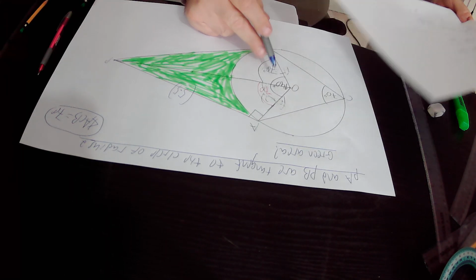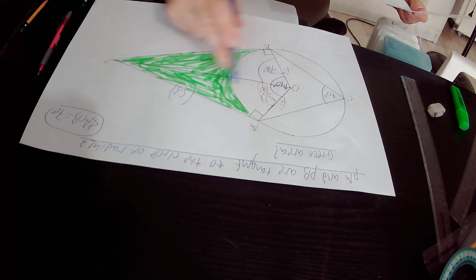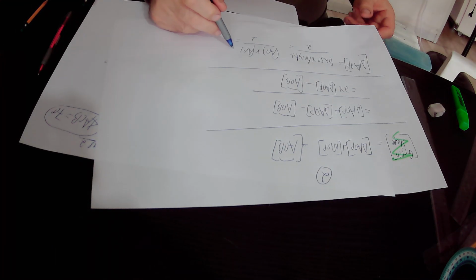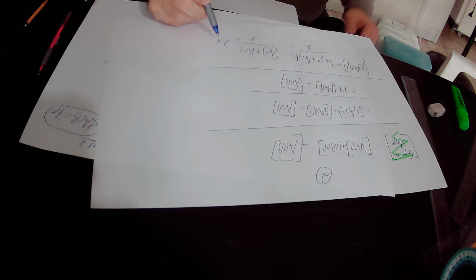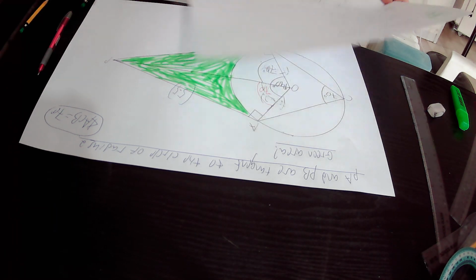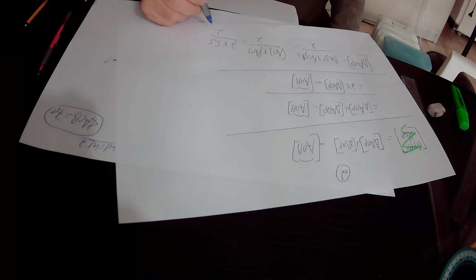The base AO is equal to 2 units because it is the radius of the circle, which is 2. So AO equals 2. We have already found out that AP equals 5.5 units. So it is 2 times 5.5 divided by 2.